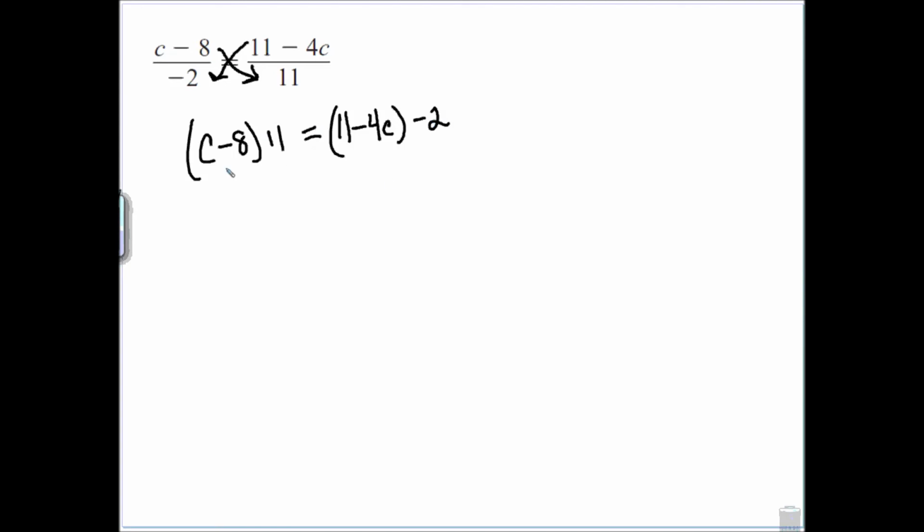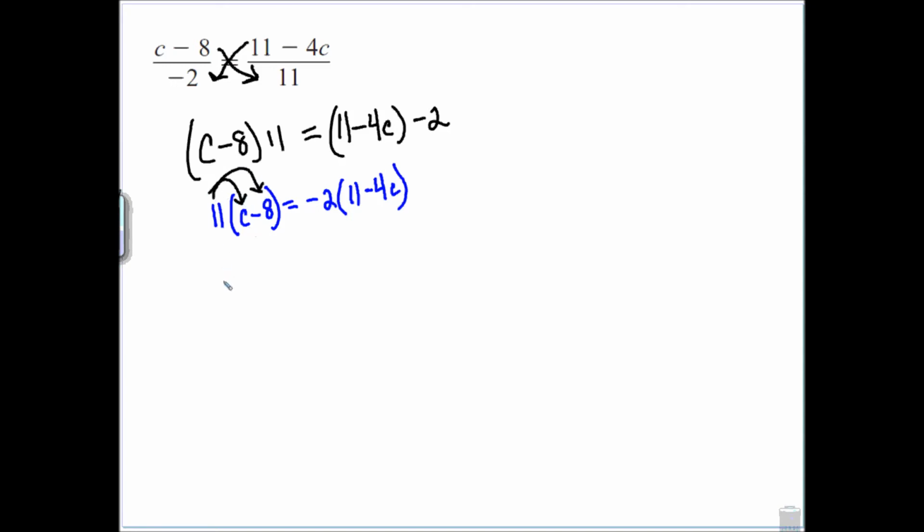Now, if these numbers on the right of the parentheses are bothering you, we can rewrite it. We can make this 11 times c minus 8 is equal to negative 2 times 11 minus 4c. Now that I've rewritten it, I can simply distribute. I can say 11 times c, 11 times 8.